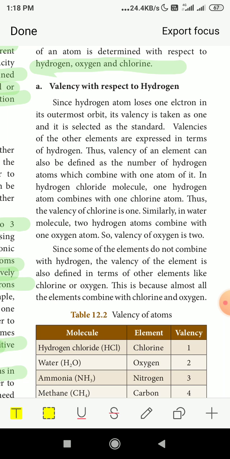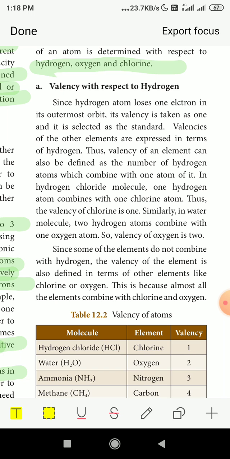That means the valencies are always calculated on the basis of hydrogen, oxygen and chlorine. Since chlorine combines with one hydrogen atom, chlorine has one valency. In water, oxygen combines with 2 hydrogen, so the valency of oxygen becomes 2.